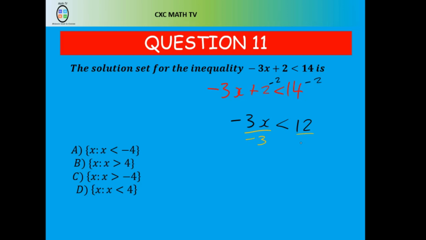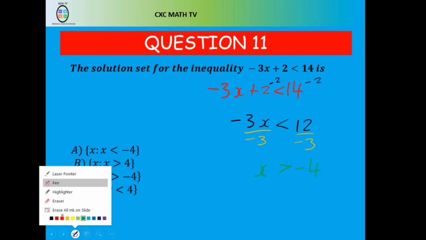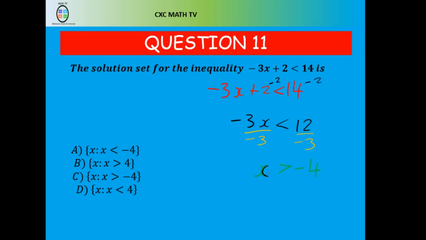The key thing is when you divide by negative 3, you reverse the inequality sign. So x is greater than 12 over negative 3, which is minus 4. X is greater than negative 4, and that is option C. That is it.